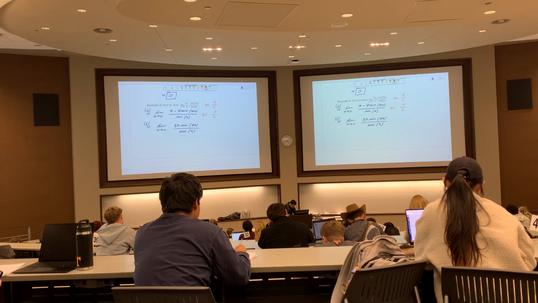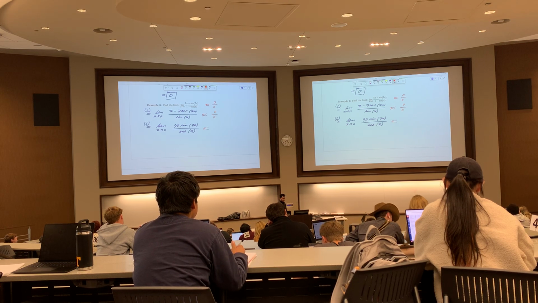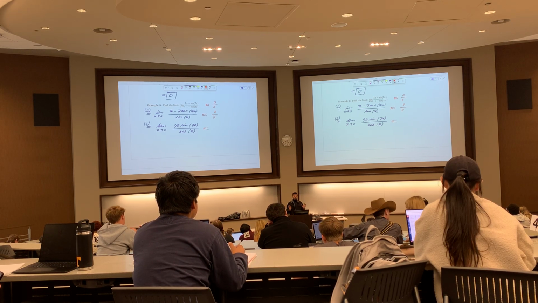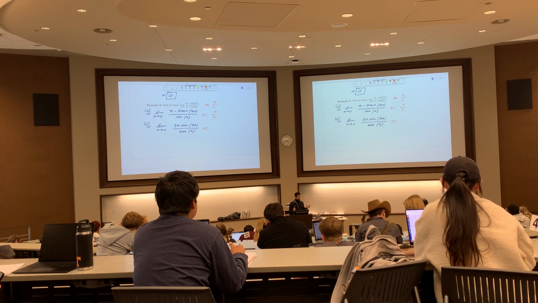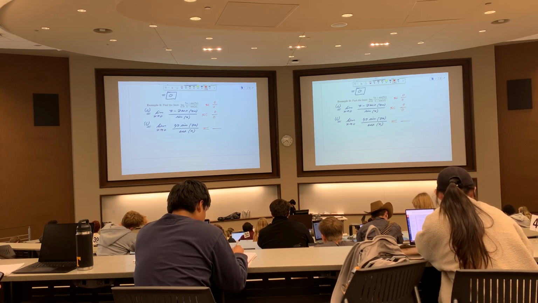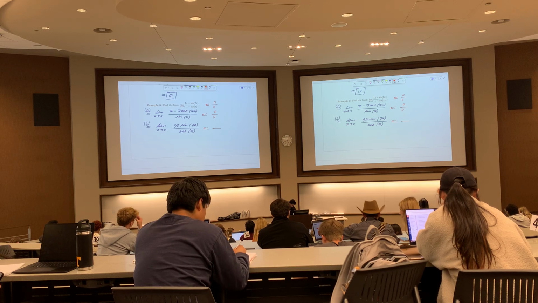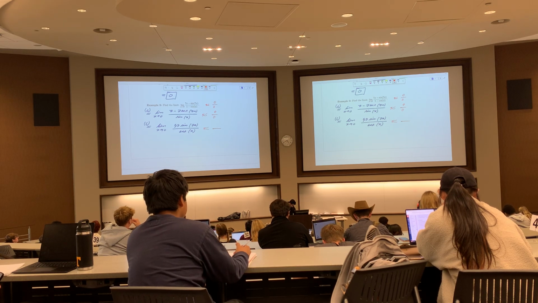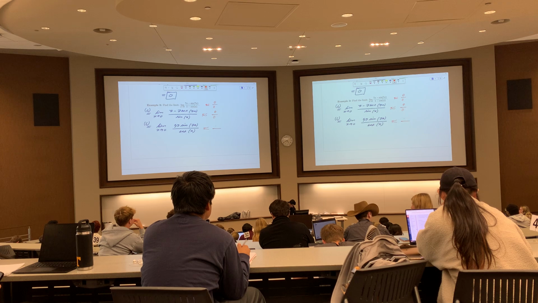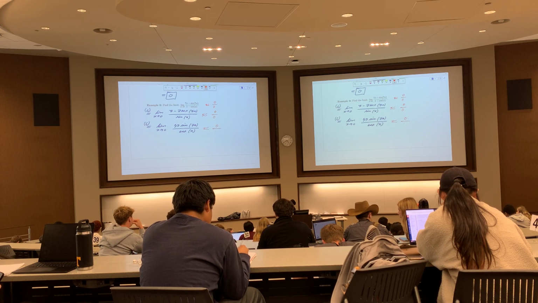Okay, so can we do the direct substitution again to see if another indeterminate form shows up? Okay, so we do the direct substitution, sine of 0, and we get a 0 at the top, and at the bottom I get 1.